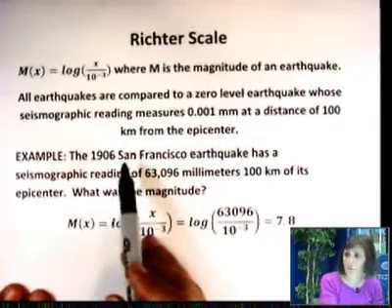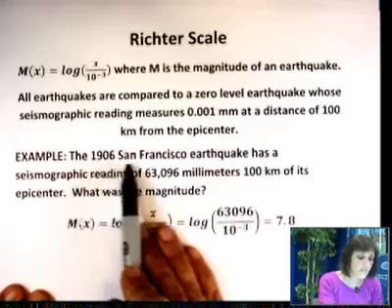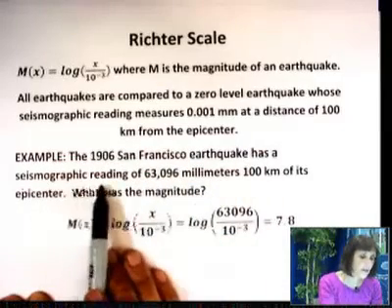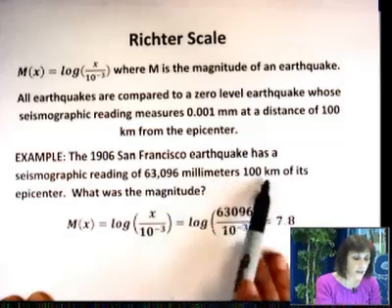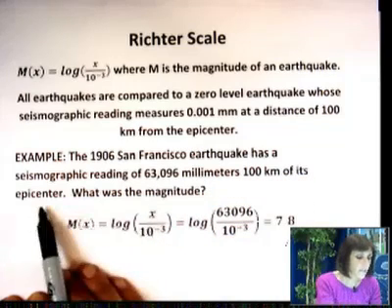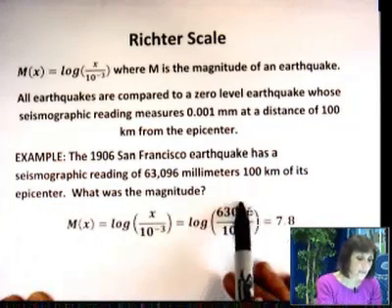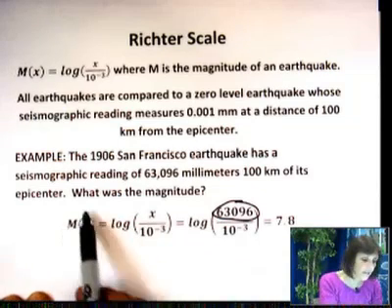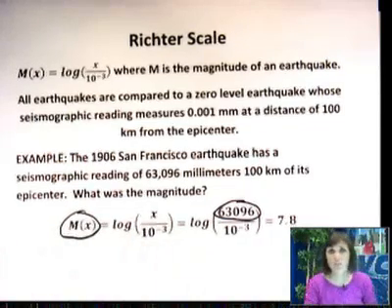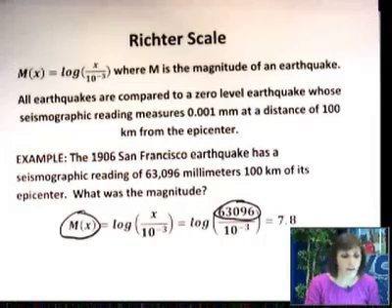Here is the example. The 1906 San Francisco earthquake has a seismographic reading of 63,096 millimeters, 100 kilometers from its epicenter. What did they just give me? They gave me this. What was the magnitude? They're asking this. And this is the one that you hear, oh, Richter scale of 6, 7.